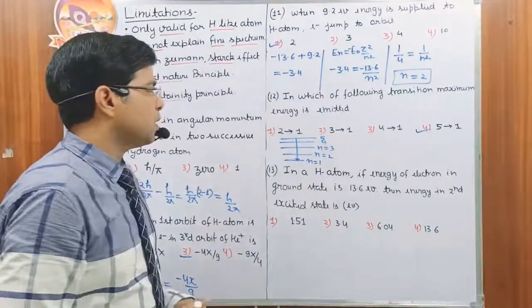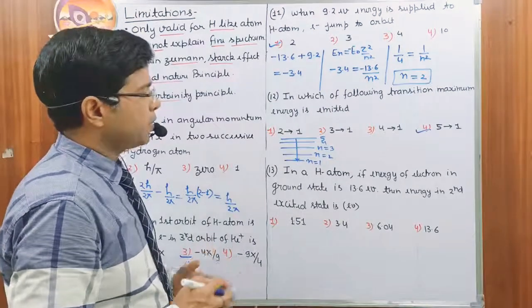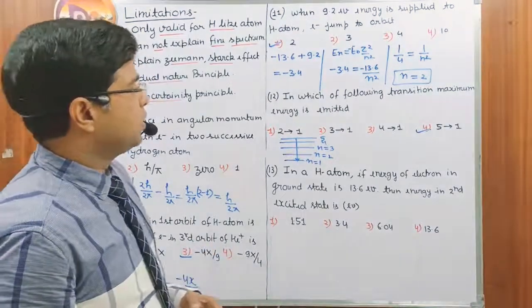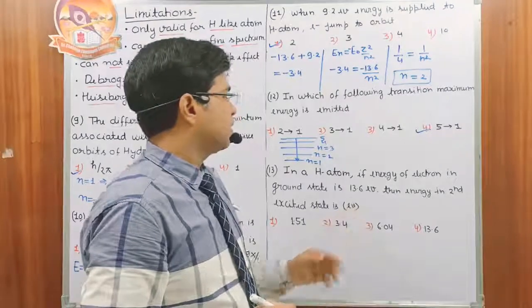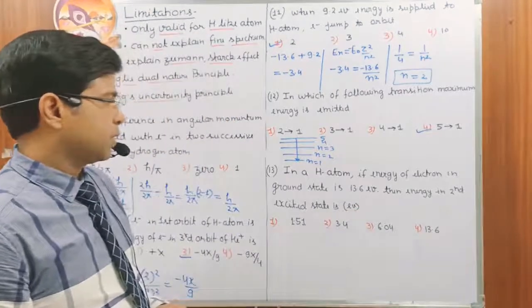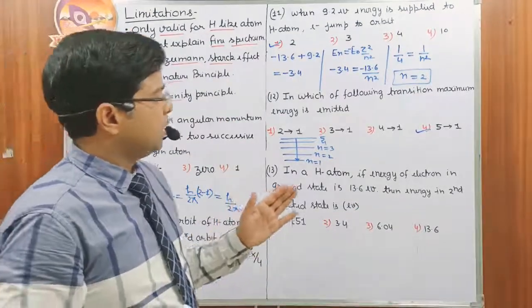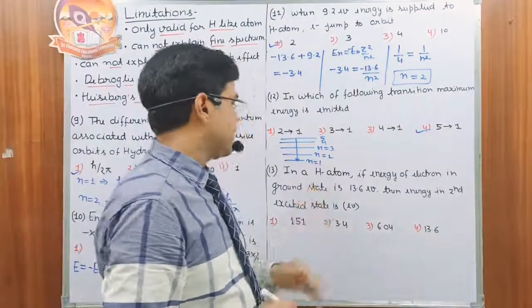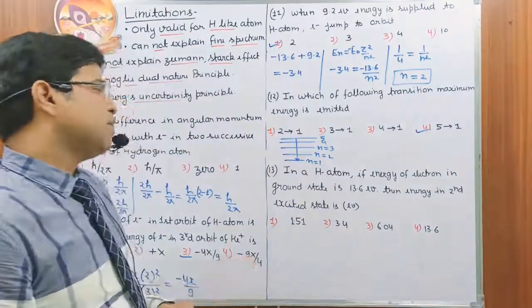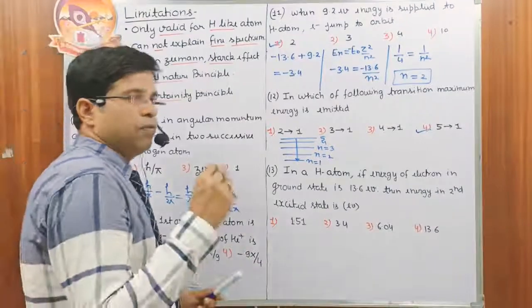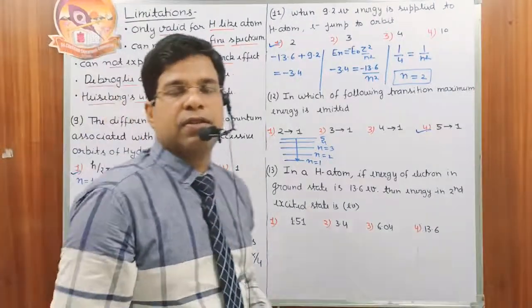Now question number 13. In a hydrogen atom, if the energy of the electron in the ground state is minus 13.6, then the energy in the second excited state is in electron volt. Look, the ground state is the first state.